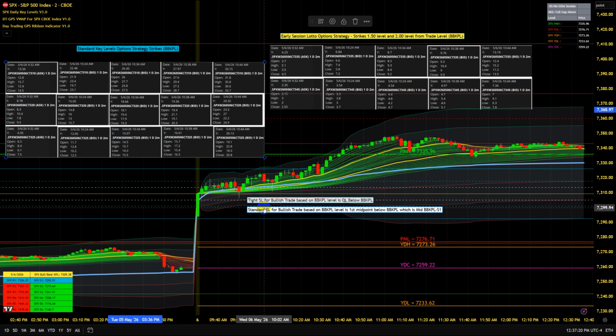Now, those aren't exact numbers. It's going to vary based on the implied volatility of the options for that particular day, but somewhere within that range. It's generally going to be a good range for if it hits the standard stop loss.